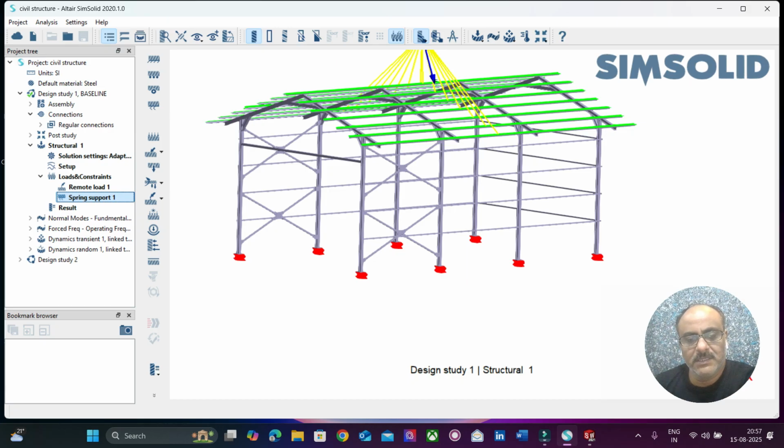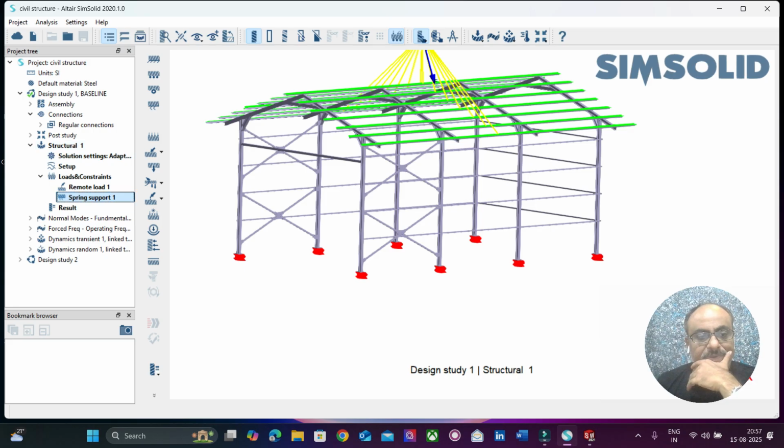The foundation is within the soil. The base plate or the gusset plate is welded firmly into the foundation, the pedestal, and the structure is anchor bolted to the pedestal. So this is the assumption.